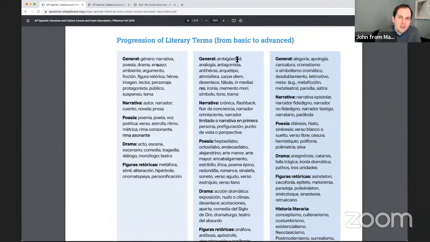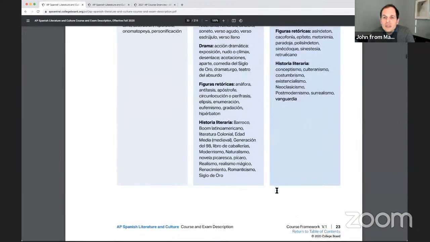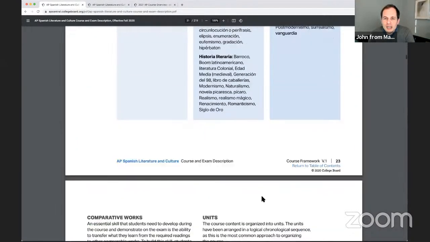But then you get more complicated words like ambigüedad, analogía, antagonista, antihéroe, arquetipo, atmósfera, carpe diem, desenlace, fábula, in medias res, ironía, memento mori, símbolo, tono y trama. And then up here you get much more: cromatismo, desdoblamiento, leitmotivo. So the same thing happens with poetry, and you can look at this as something you can work your way through to understanding more clearly.